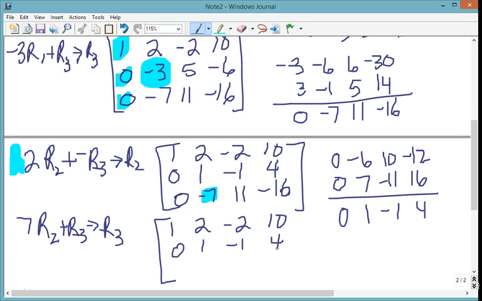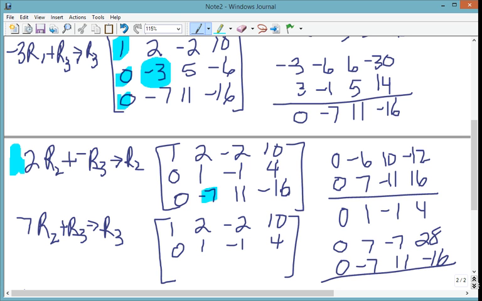It's going to be the second row times by 7, so that would be 0, 7, -7, and 28. And add that to the bottom: 7, -16. I end up with 0, 0, 4, and that's going to be a 12.